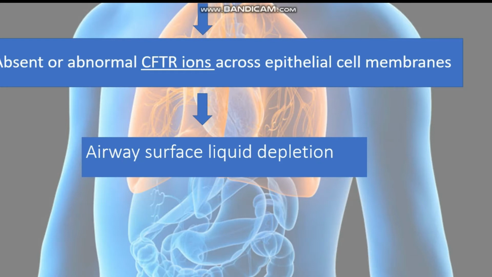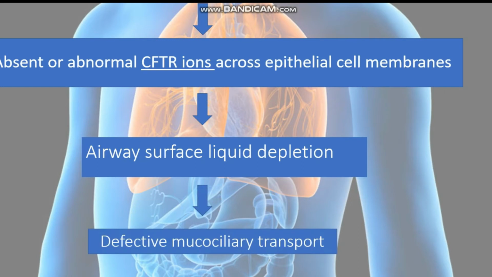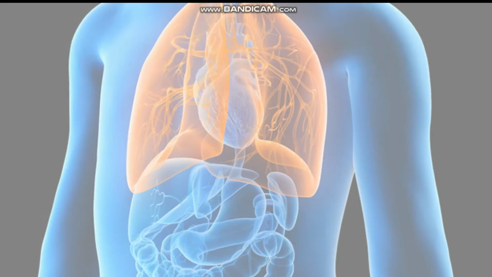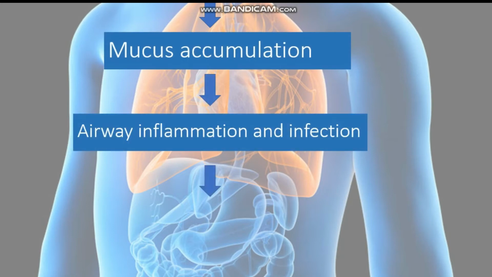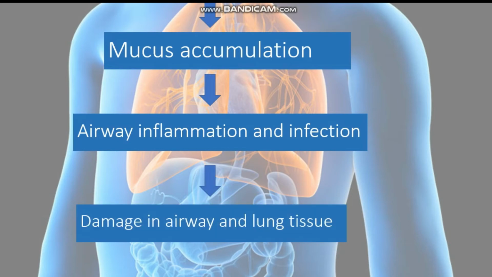Because of cystic fibrosis, the mucous layer will be thick and sticky, which will result in defective mucociliary transport, or the transport of the mucous layer by the movement of the cilia. This will lead to mucus accumulation, which will result in damage to airway and lung tissue due to airway inflammation and infection.